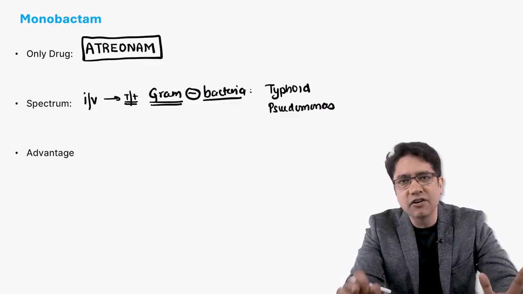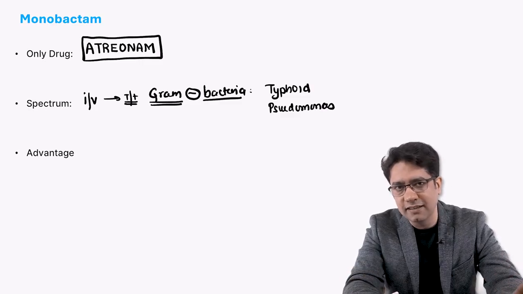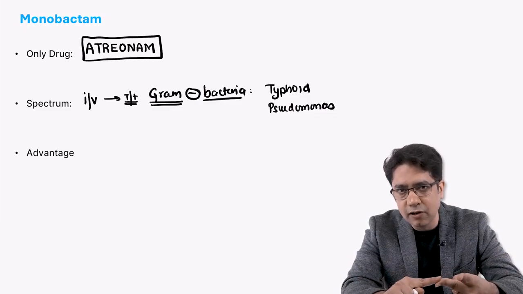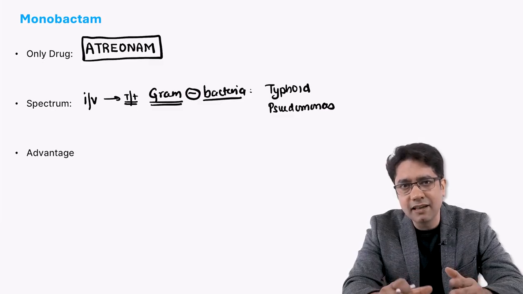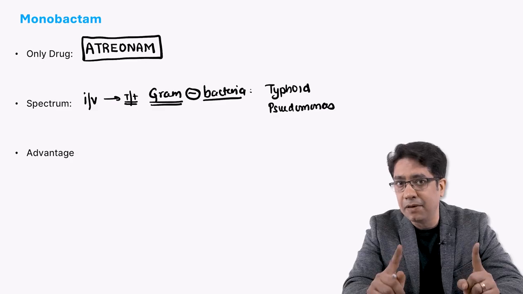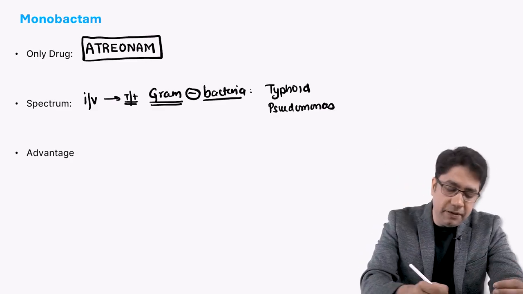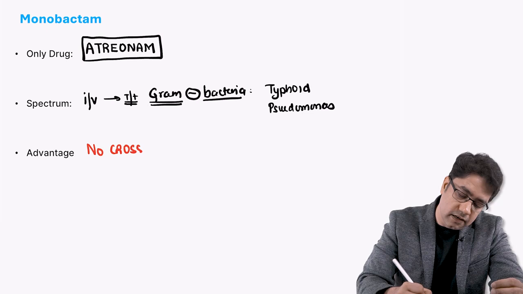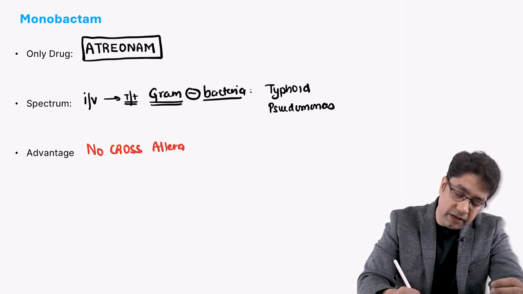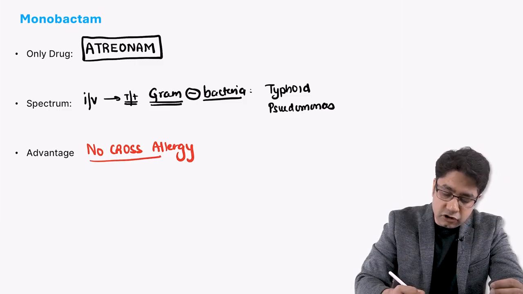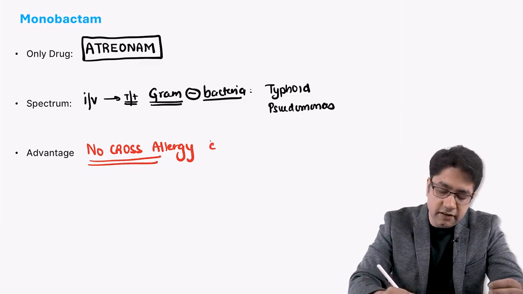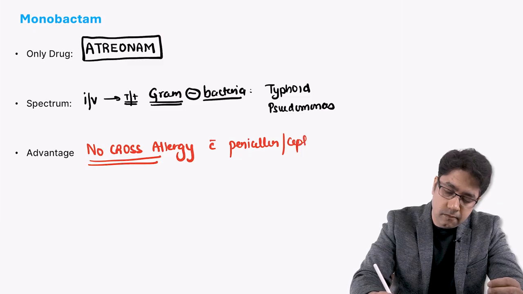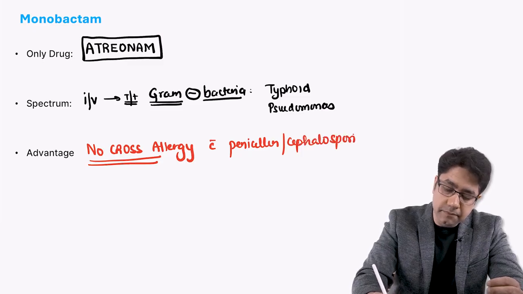The only place of Aztreonam in today's world is, we know that beta-lactams like penicillin, cephalosporin and carbapenems can cause allergic reaction. But Aztreonam was the only beta-lactam which has no cross allergy. And the basis we have discussed in the previous section, that it does not cause any cross allergy with penicillins, cephalosporin, and carbapenems.